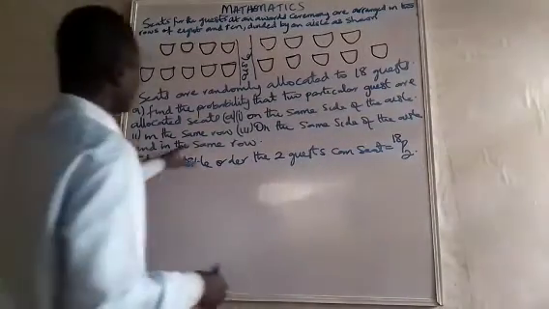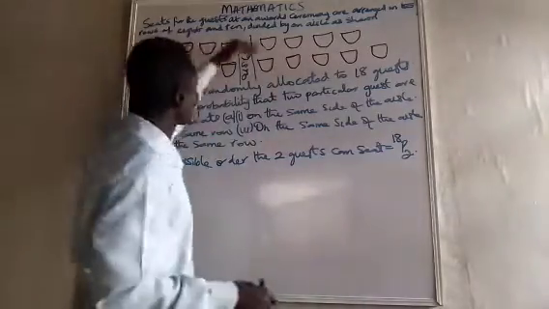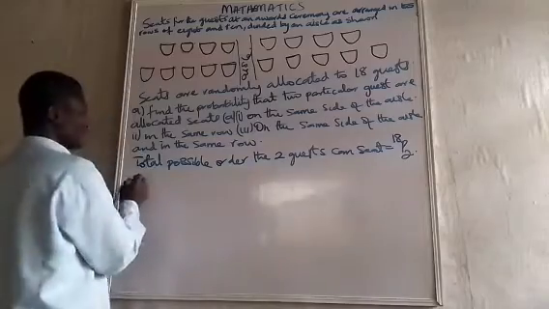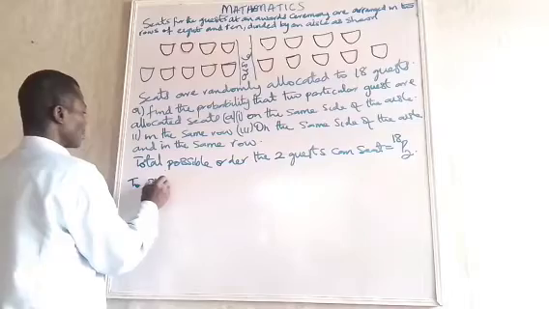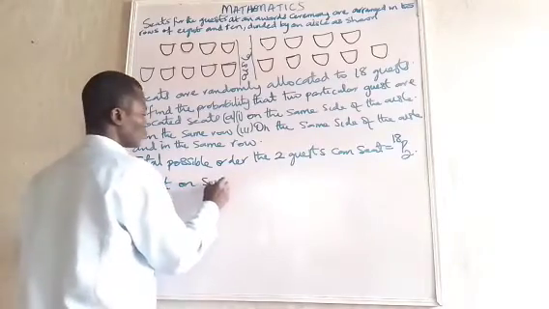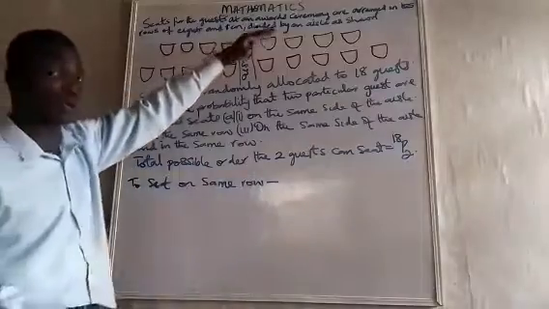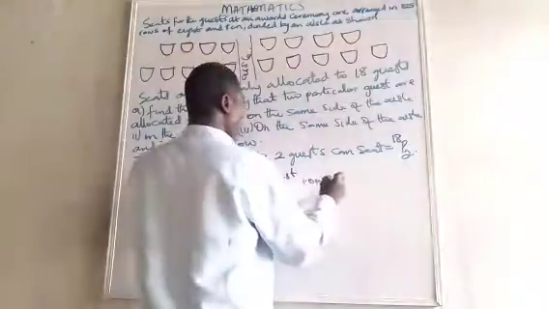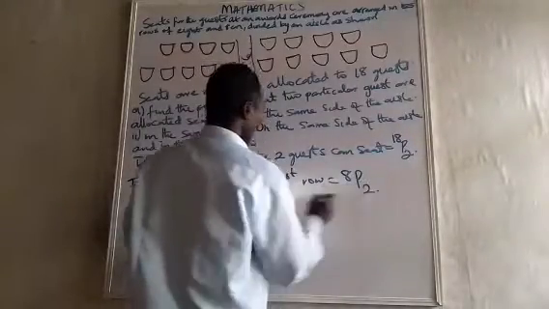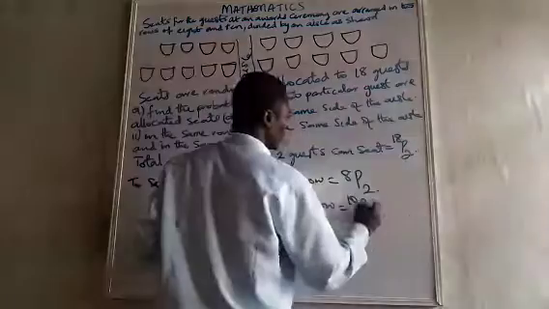Now, if we are going to check if they are going to sit on the same row, that is, we are considering this part and this part, to sit on the same row. If they sit on the first row, the total possible arrangement is going to be first row 8 P2, second row is 10 P2.